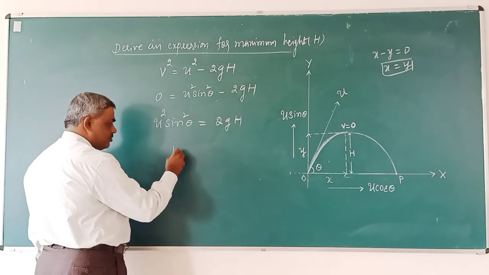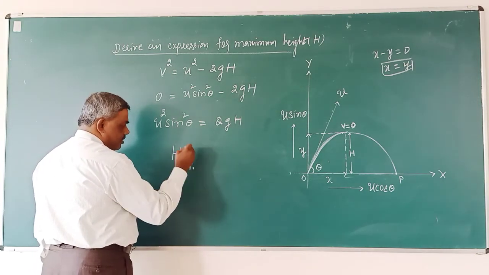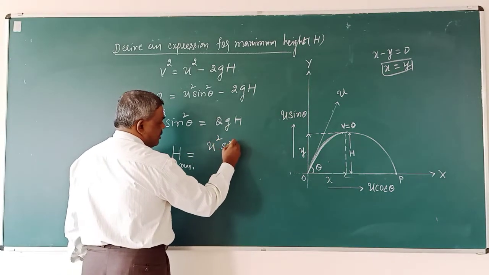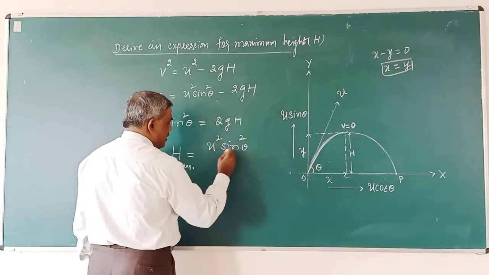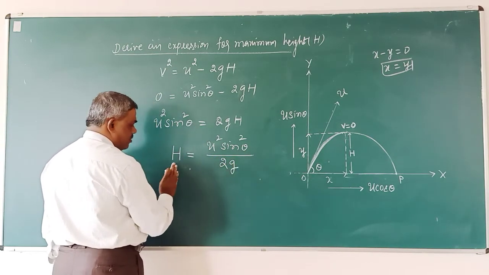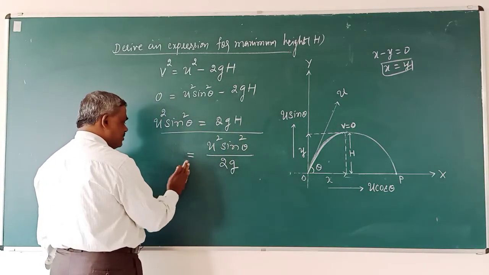Now h, the maximum height, equals u square sin square theta by 2g. This is the capital H.